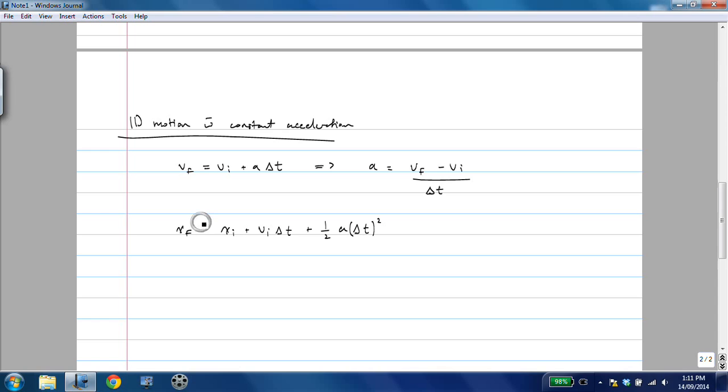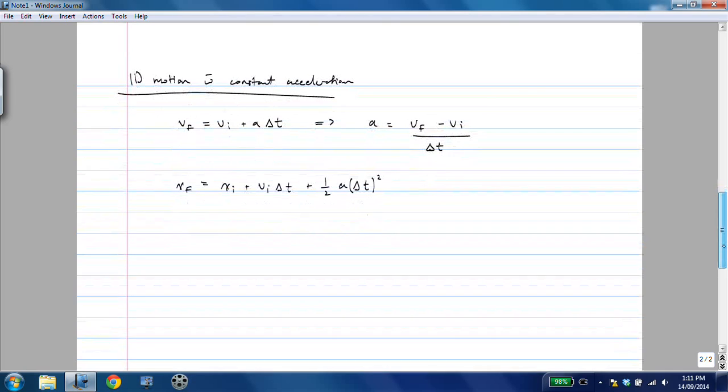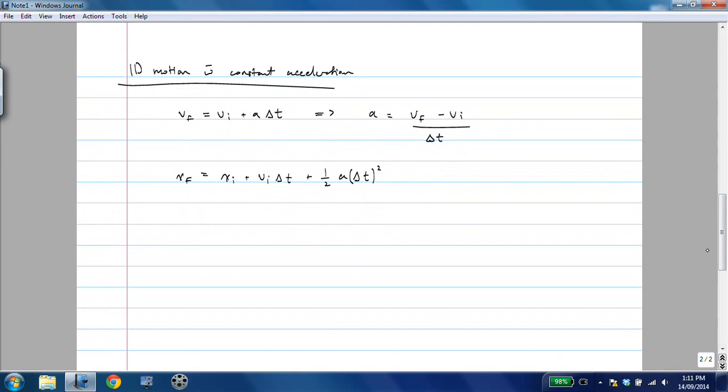Because really, if we want to use x final, and we want to include the velocity and the acceleration, then we need the units to work. So if we take velocity, which is in meters per second, and multiply it by seconds, then this will be left in meters. And the acceleration, which is meters per second squared, multiply that by seconds squared, we just get meters once again. Okay, so that's another equation that we can use.